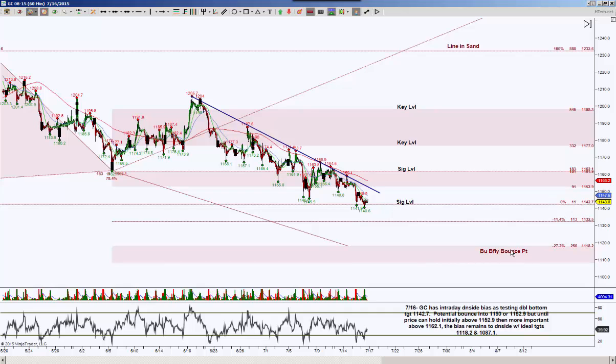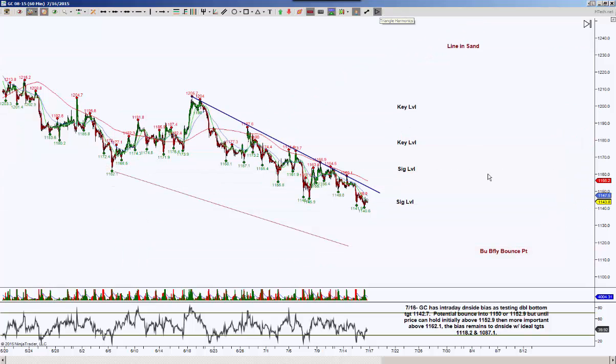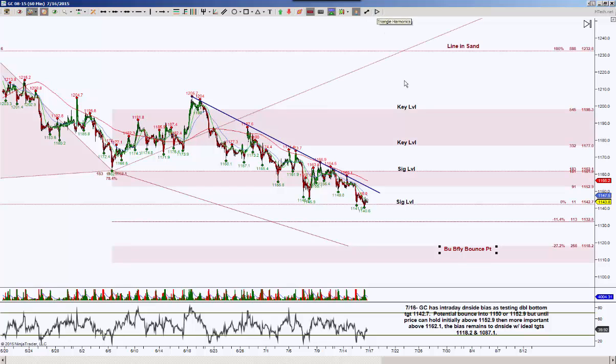And we're looking for this zone down here. But notice that we have this resistance line, and so a potential bounce up to that trend line, or this PRZ, this zone support of 1152.9.